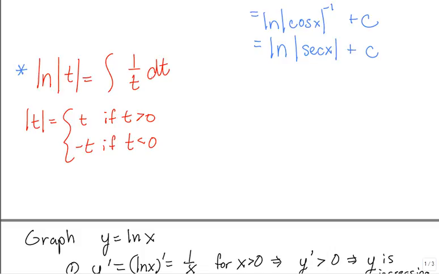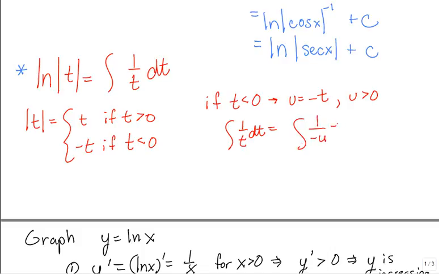If t is negative, well, then let's say u is negative t, so then u is positive, and we're going to have the integral of 1 over t dt, which is the integral of 1 over negative u, negative du, and again, that's going to be the ln of u.